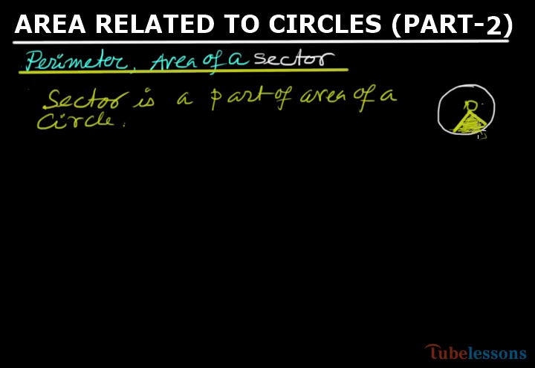Now, how we'll get the area, the perimeter, and the length of arc AB? So here, one thing, it makes an angle at the center, and we name it as theta.